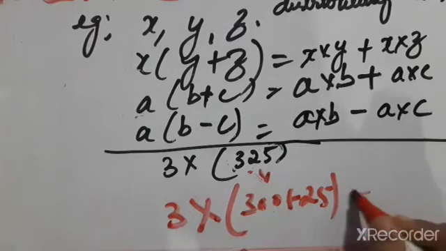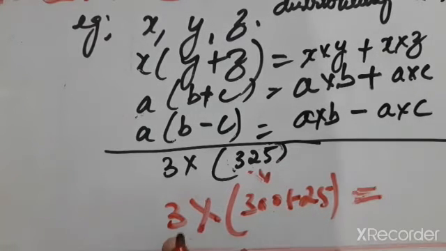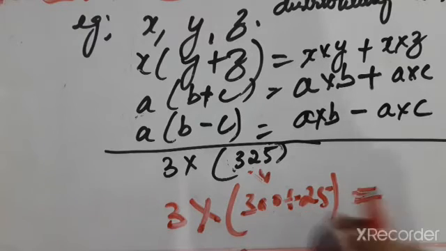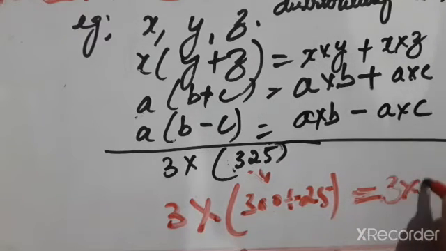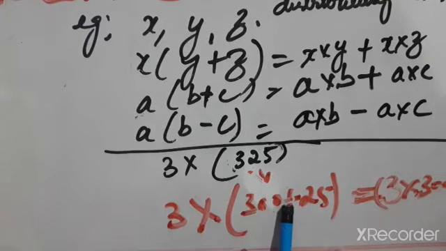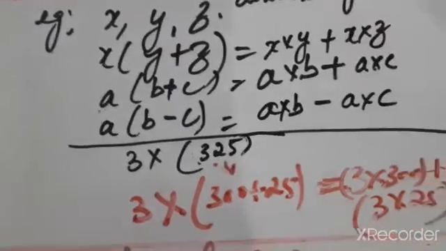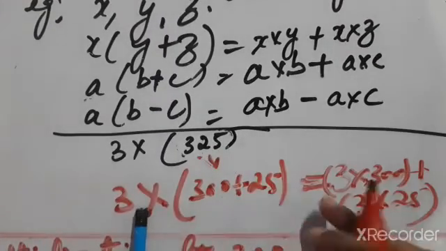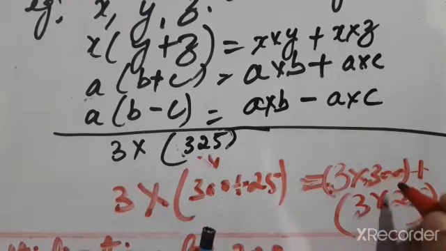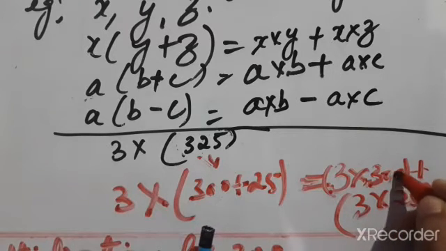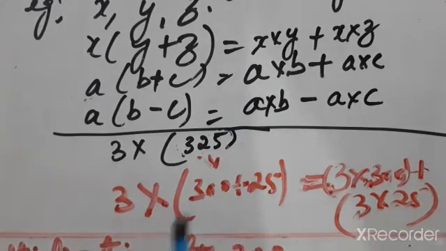Now distribute things. 3 into 300 plus 3 into 25. We are splitting numbers.